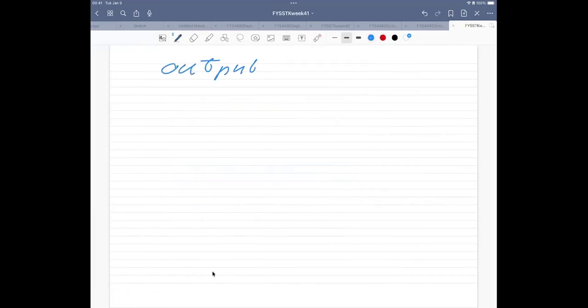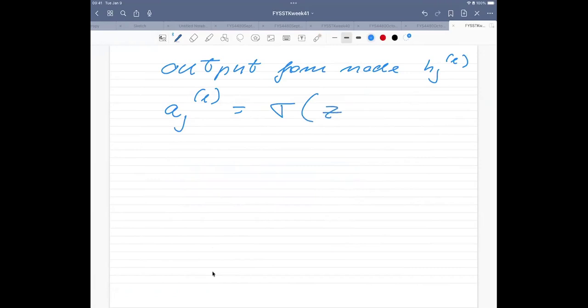Output from node Hj of L, this is going to be Aj of L, and that's going to be given by the activation function. And I'm just going to use the same activation function throughout. And this is going to take the Cj of L as input. Okay?